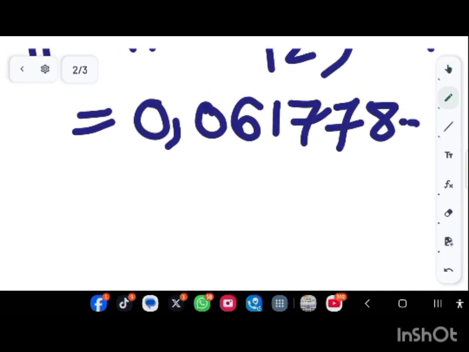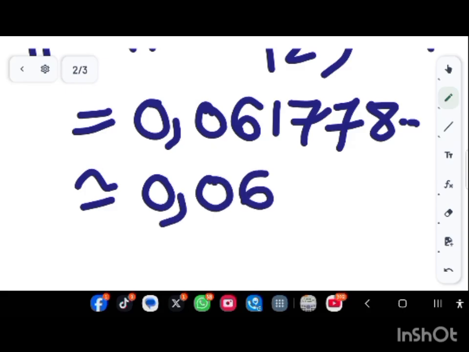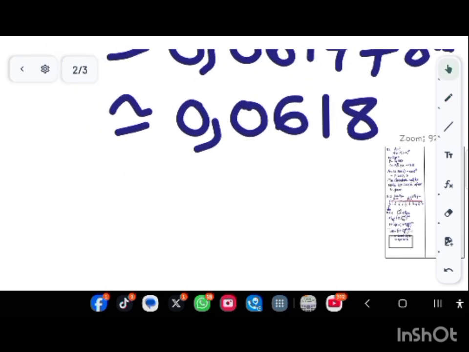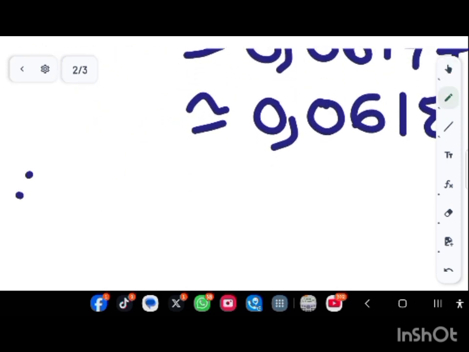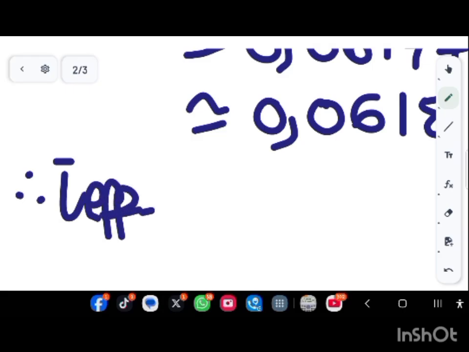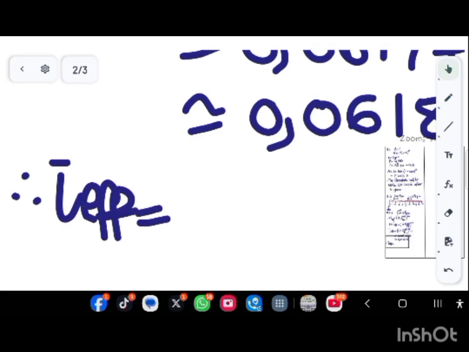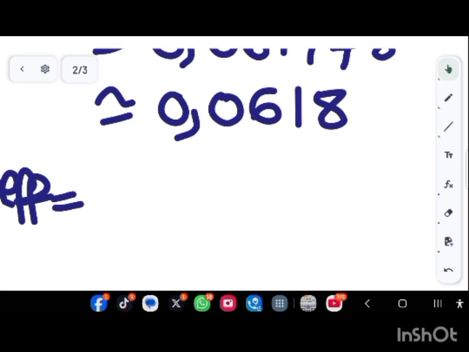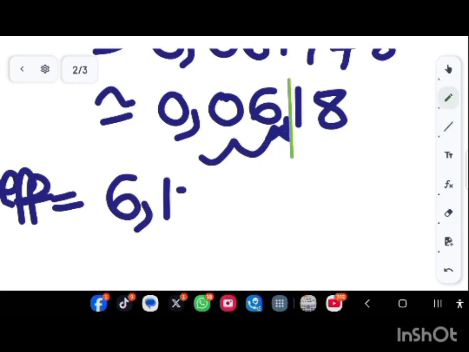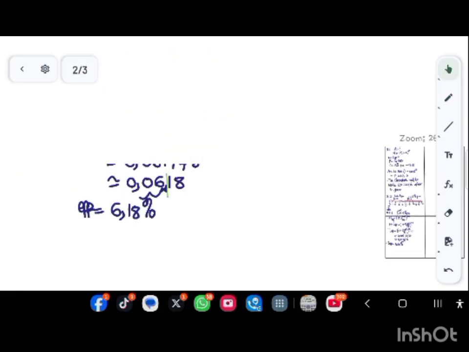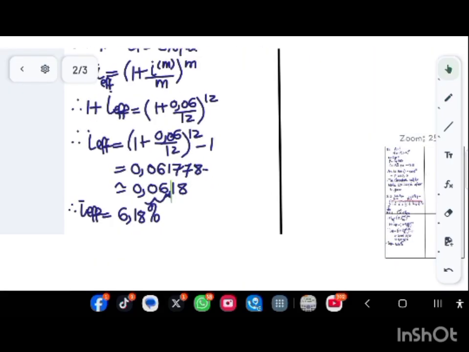Well, we know we're supposed to round that off correct to 4 decimal places, so that will be 0.0618. Therefore the effective interest rate will be, you simply take your comma 2 spots to the right, so that will be 6.18%.